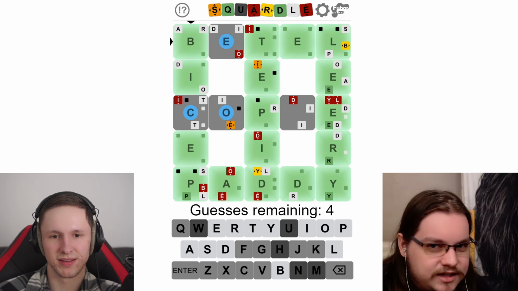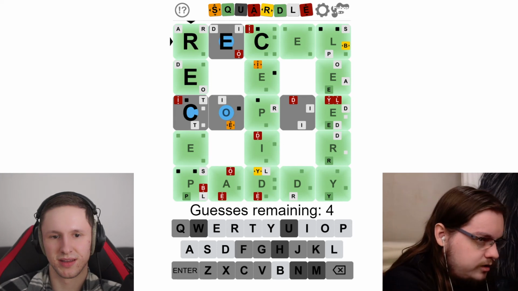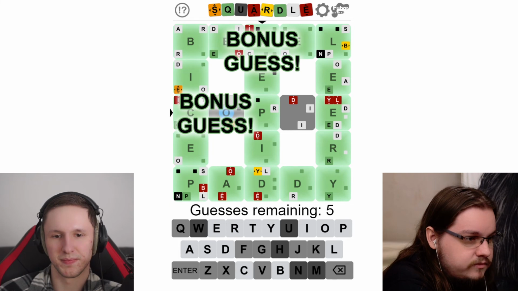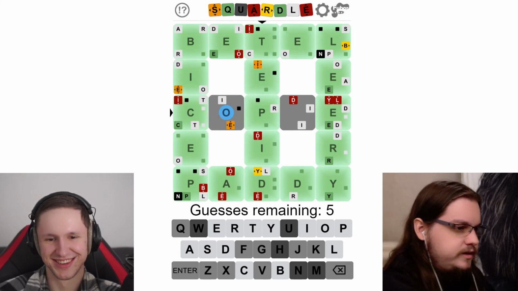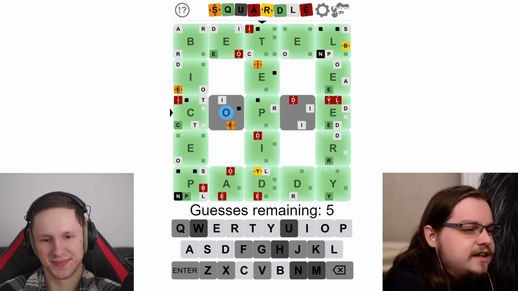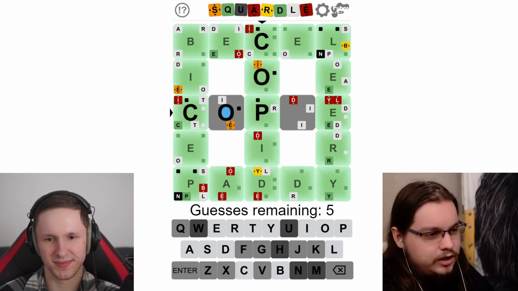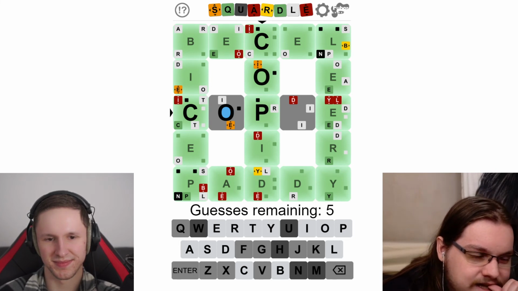It just needs to have an EC in there, so, like, recon. Yep. That's a twofer. And then I didn't even try to get something that gives us extra hints because there's probably not that much we can do with cop something E. Mm-hmm.